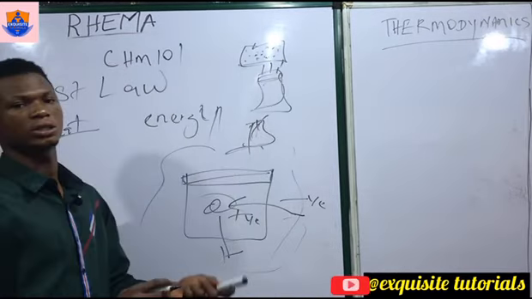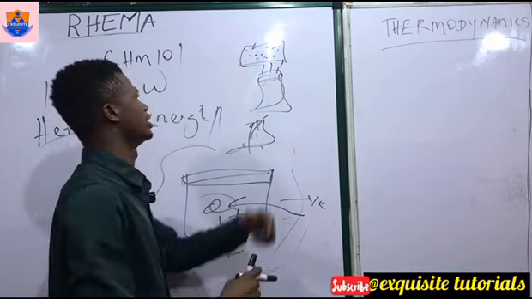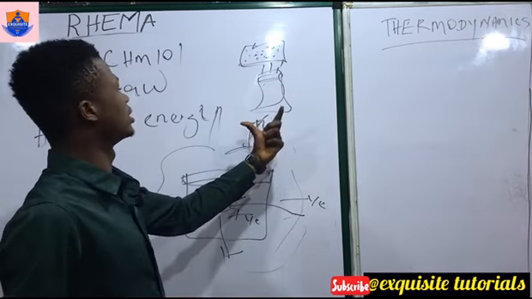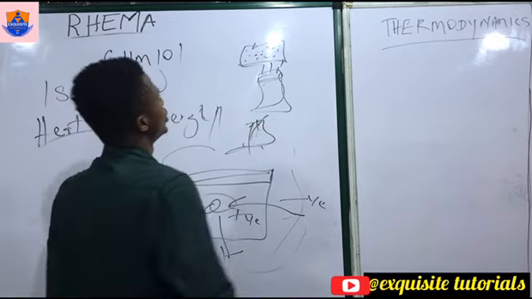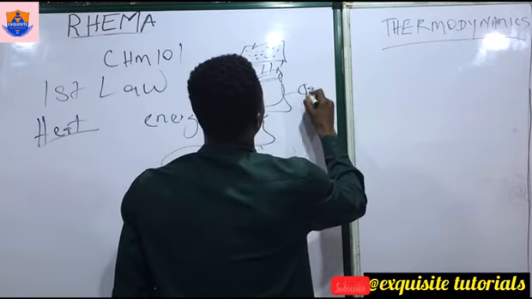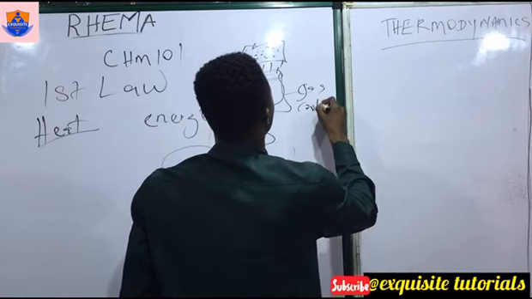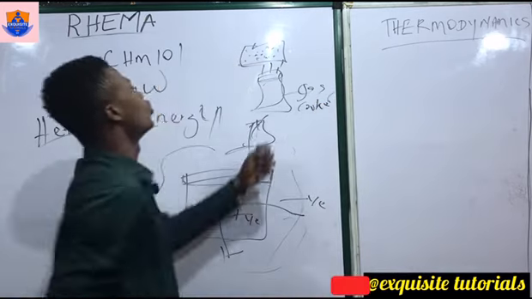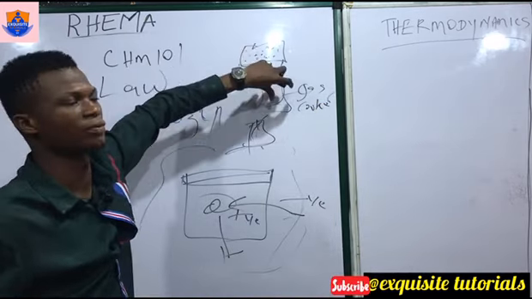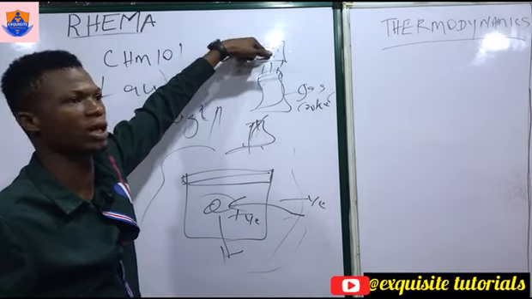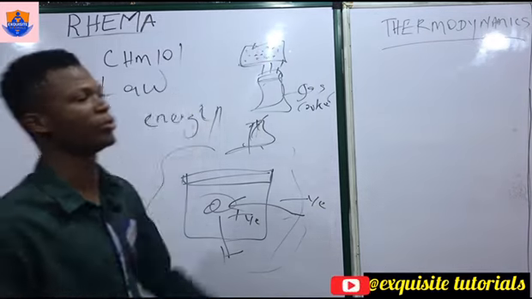Now, what thermodynamics is trying to explain is that the heat does not come from nowhere. The heat is coming from your gas cooker. The heat is transferred from your fire to your water, to change the state of your water from liquid to probably vapor.